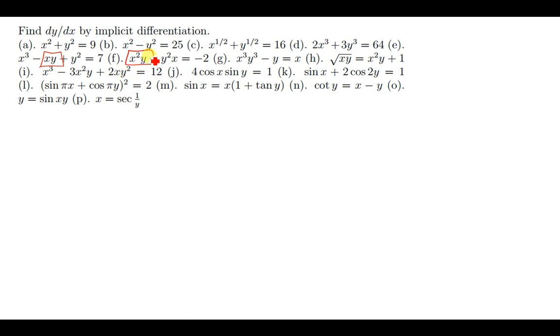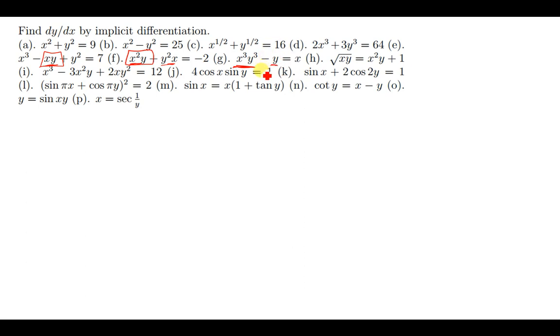By using the product rule, because you are multiplying two different functions and differentiating them with respect to x. You follow the same steps. Even this one you use the product rule to differentiate. Then for this one you just differentiate it the normal way.